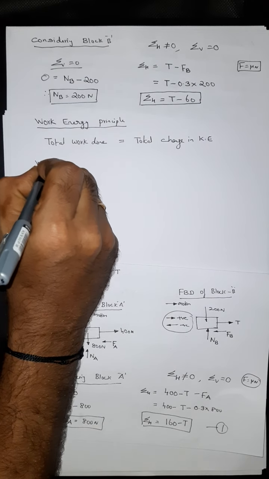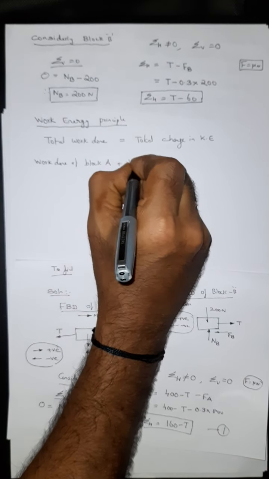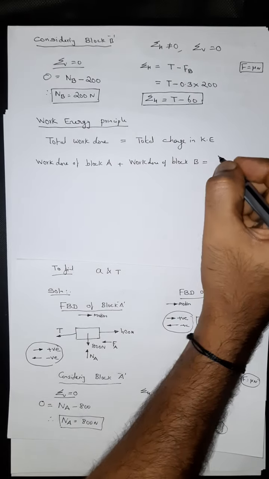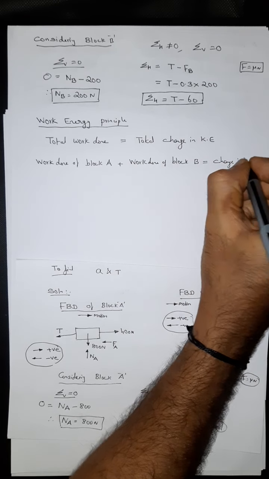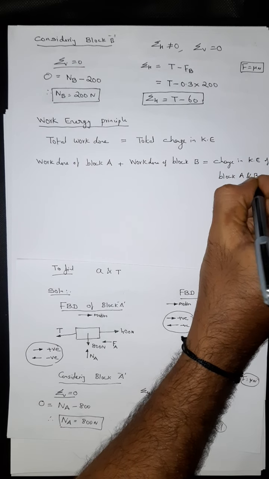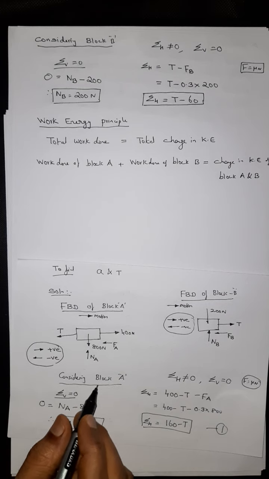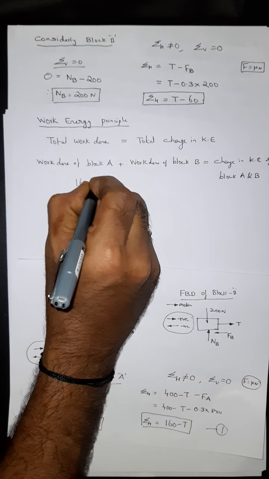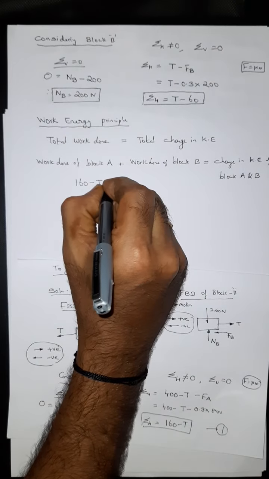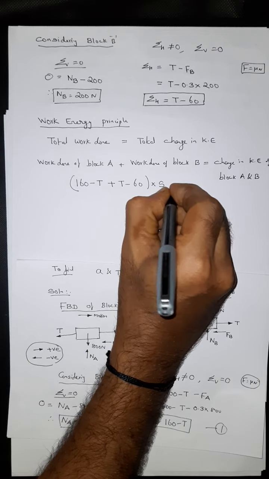That is, work done of block A plus work done of block B equal to change in kinetic energy of blocks A and B. Work done of block A is 160 minus T, this is the force, and for B the force is plus T minus 60, force into displacement or distance, that is work done.